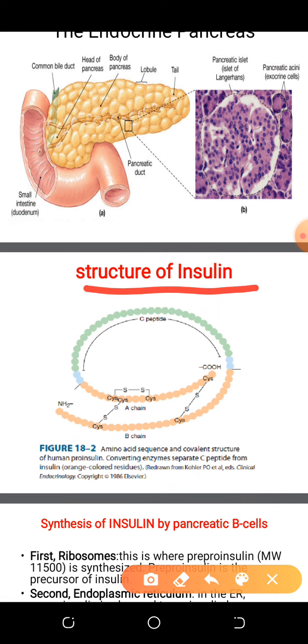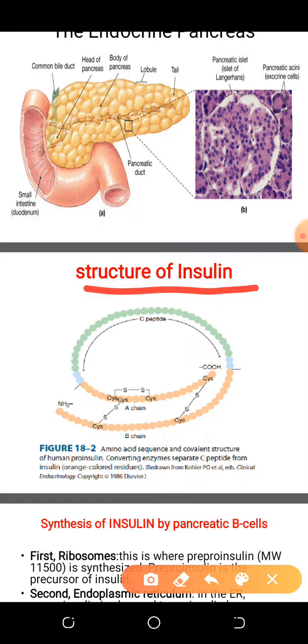If you remember from the introduction, I said insulin is just a peptide hormone. So to which class does it belong? This belongs to the class that is made up of amino acids, so it's a peptide hormone.